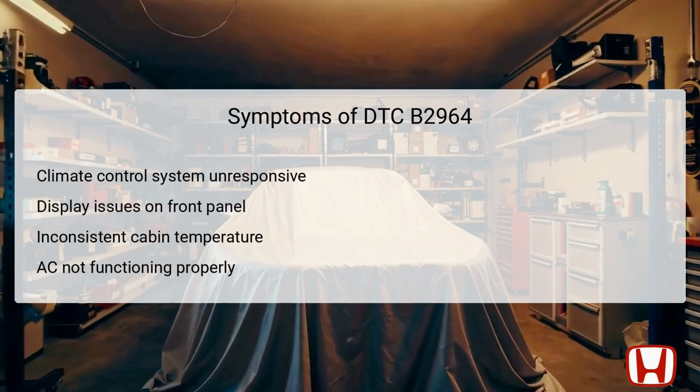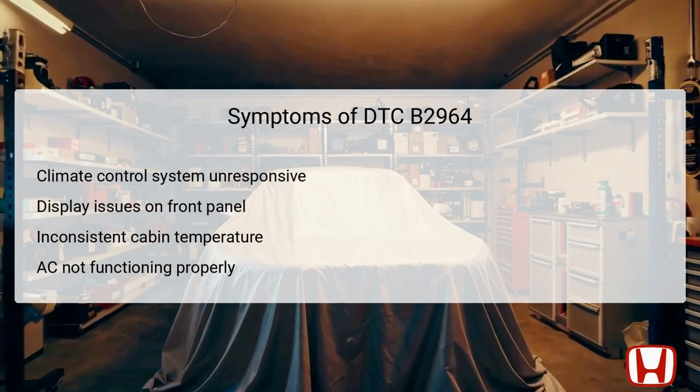When affected components lose communication, symptoms may vary in severity and may include an unresponsive climate control system, where the front panel fails to register input commands. Other signs could involve display issues. If the display fails to provide necessary information, it can lead to confusion regarding system status and settings.